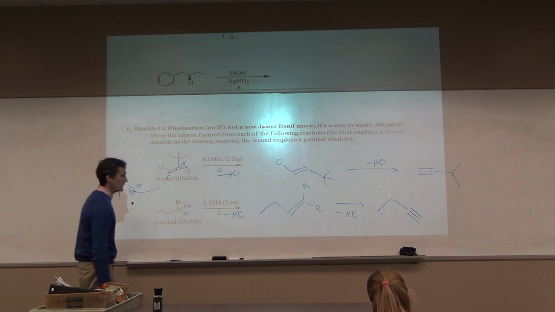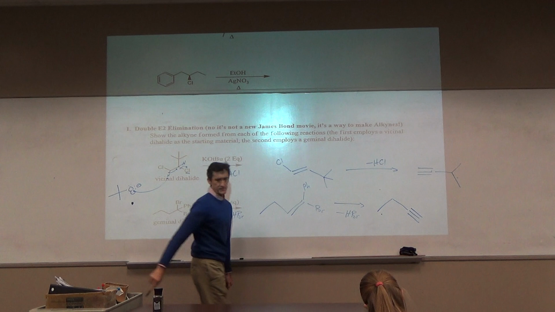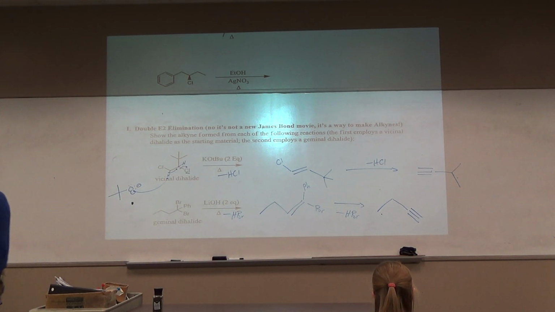But what's peculiar about the second elimination, though? What seems to be wrong, or what are we doing there that we shouldn't be doing? And we're out of time, guys. What's wrong with that over there? It does happen. It requires a little extra heat, a little extra energy. But what's wrong there? I'm saying it at the very end because we've said no, no, no. Of course, everything has an exception.